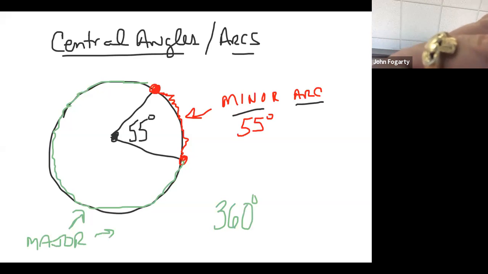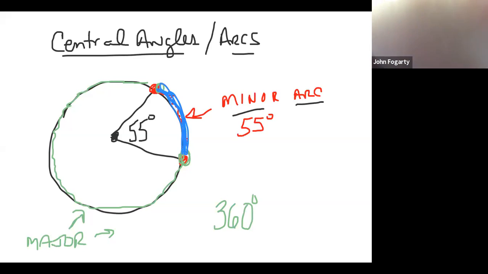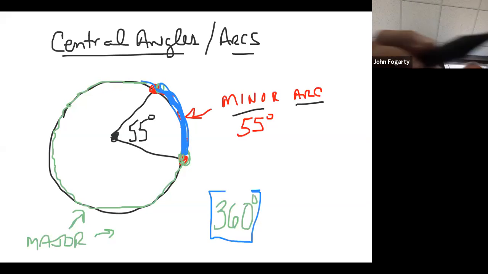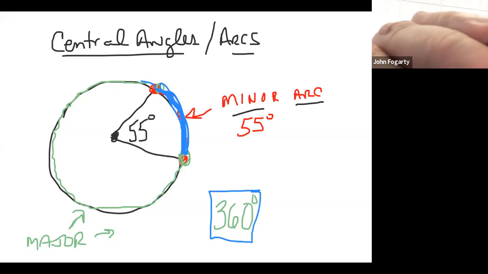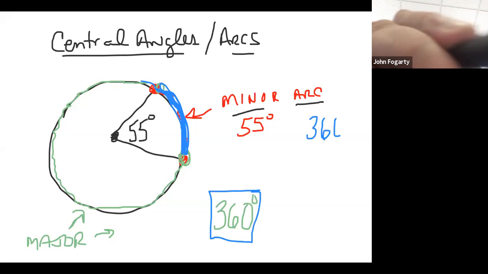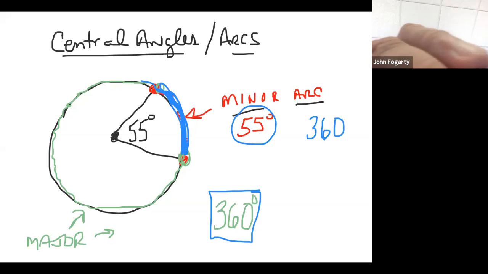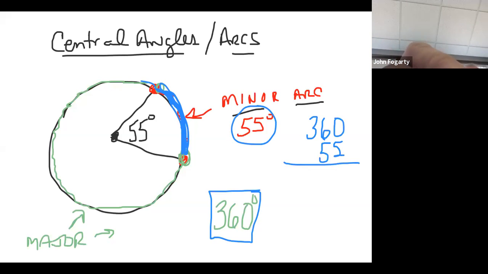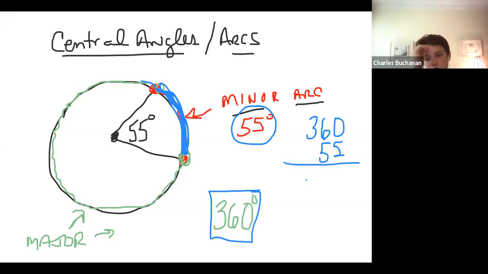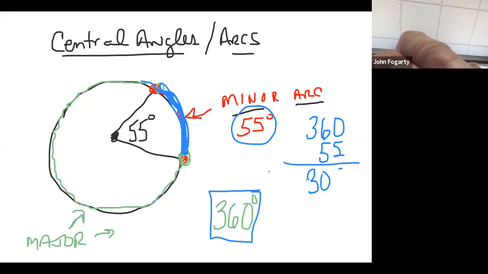Well, from here to here is 55 degrees. How would I figure out what the rest of it was? A full circle is 360. I've already gone 55. How much left do I got to go? 305. Very good.